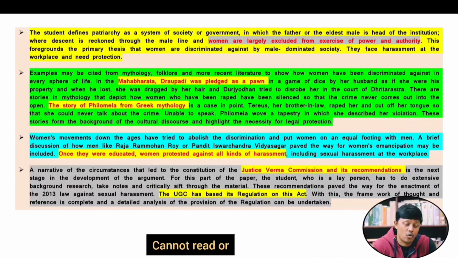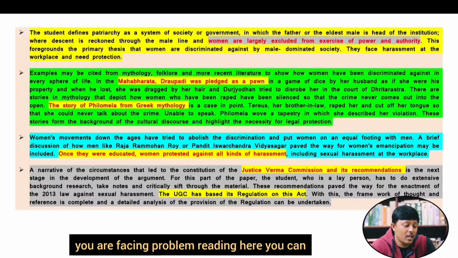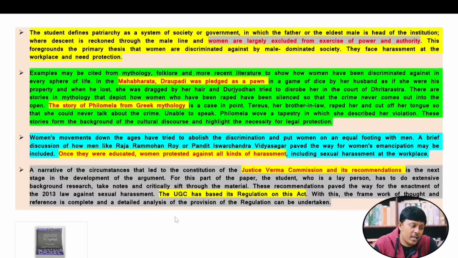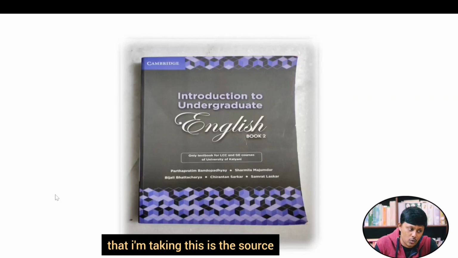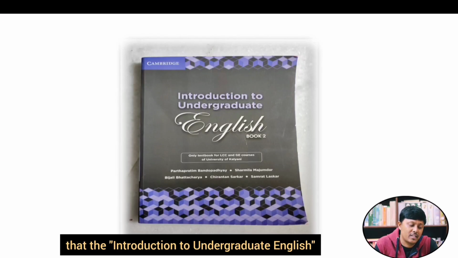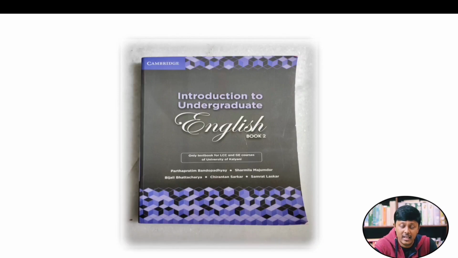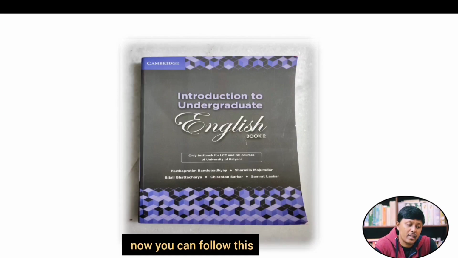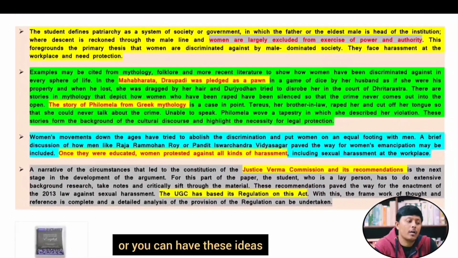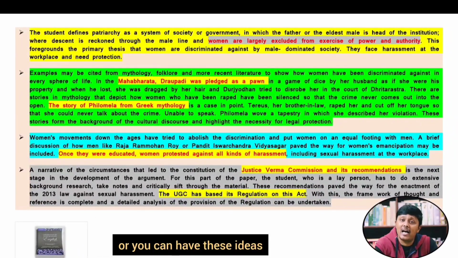If you are facing problems reading here, you can follow the source that I am taking. This is the source, Introduction to Undergraduate English, where you have these passages elaborately and in detail. Now you can follow this, or you can use the ideas that you have in your slides.